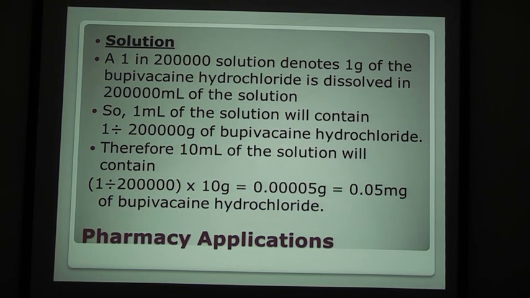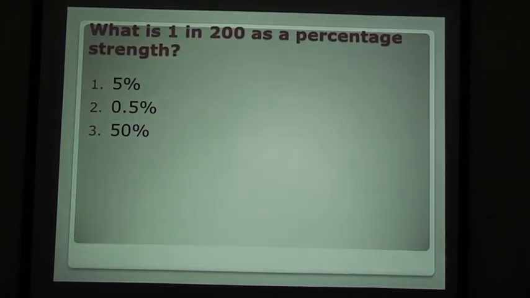Right, so those are ways these questions are generally worded. Let's just look at a bit of percentages and stuff. What is 1 in 200 as a percentage strength? Work that out.